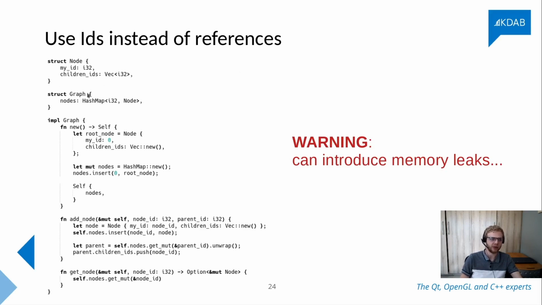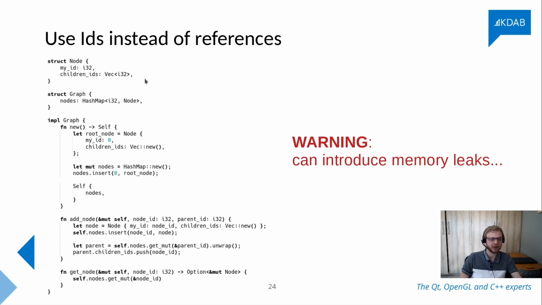And then what the graph becomes is just a hash map which maps IDs to nodes. So whenever you need to talk to a node, you just convert the ID into a reference temporarily, essentially. And that's where the magic comes in. You just keep this reference alive for a short moment. But the long-term thing which is maintained is just IDs, and the borrow checker is very happy with this.